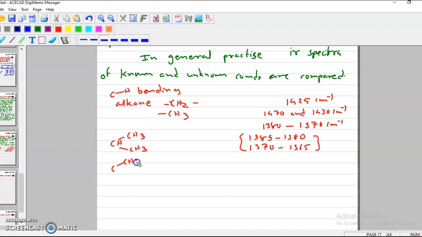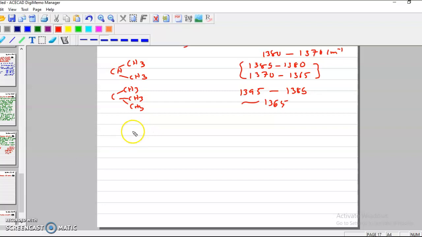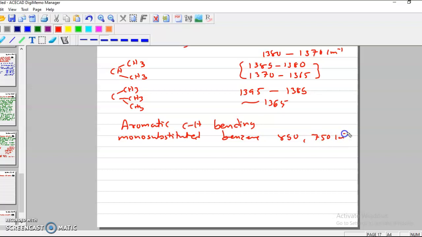In case of tertiary butyl group, the band at 1395 to 1385 and one band at 1365 is observed. For aromatic CH bending, in case of monosubstituted benzene, we will get a doublet at 850 and 750 centimeter inverse.